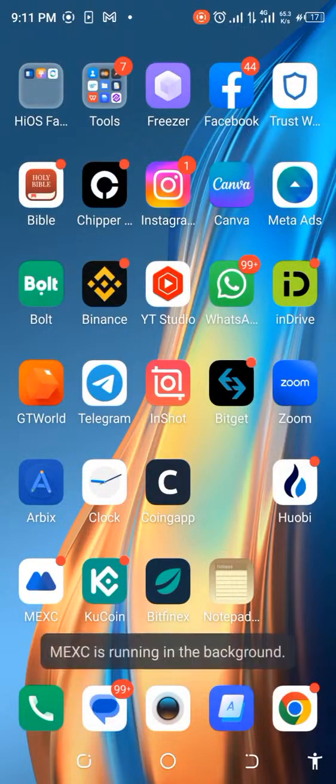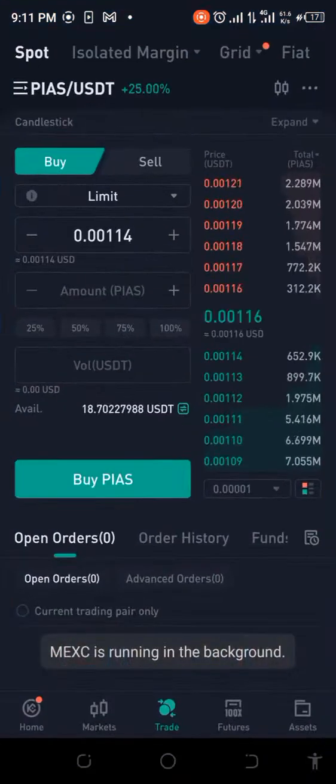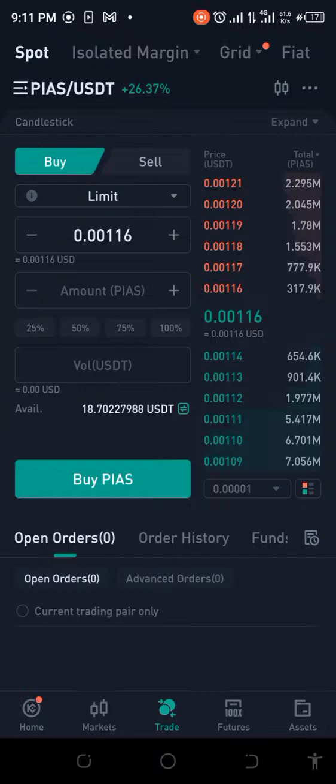Let me check what's going on in KuCoin. Right now it's at 0.00116, so this is looking quite dicey, okay? But life is all about making decisions.